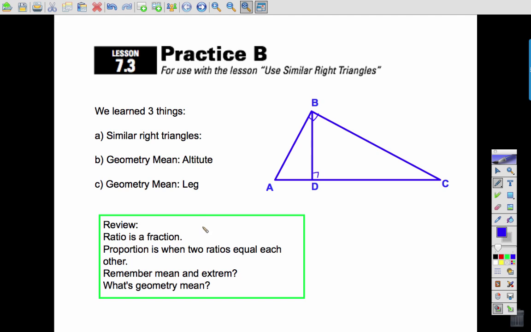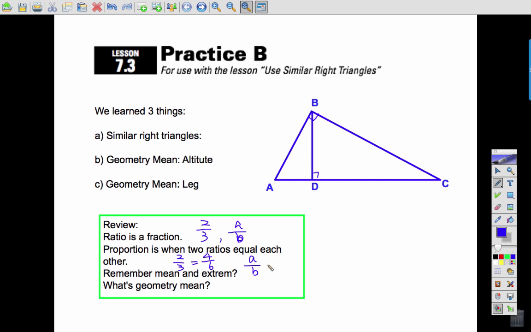Remember, what's a fraction? A fraction is a ratio. A ratio is just a fraction. 2/3 is a ratio. A over B is a ratio. Okay, a proportion is when two ratios equal each other. So when we say 2/3 equals 4/6, that's a proportion. This whole expression is a proportion.